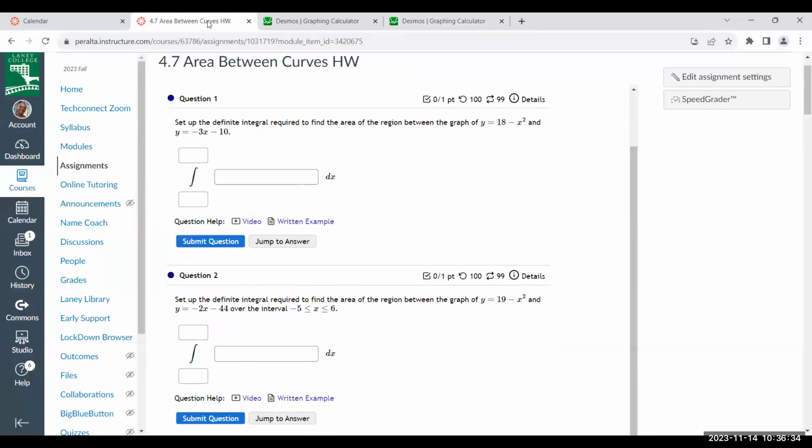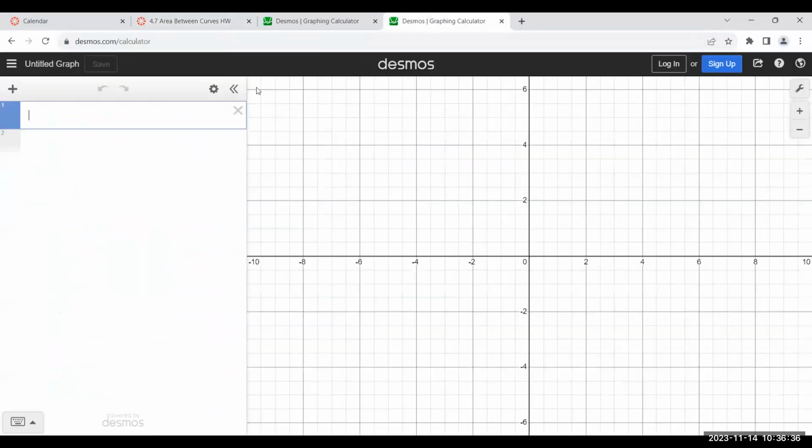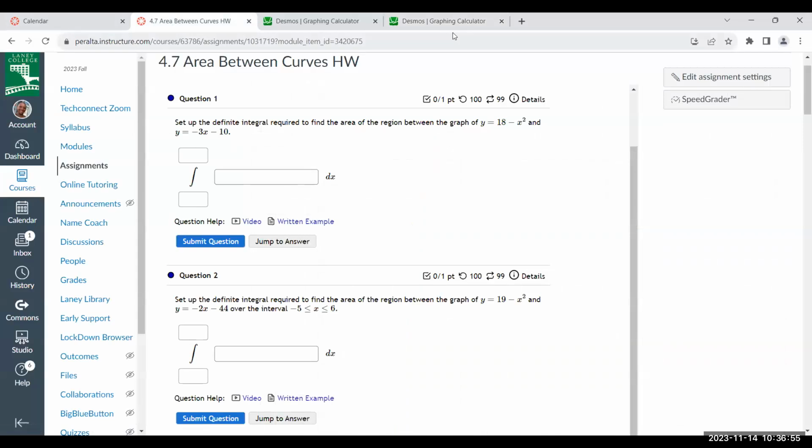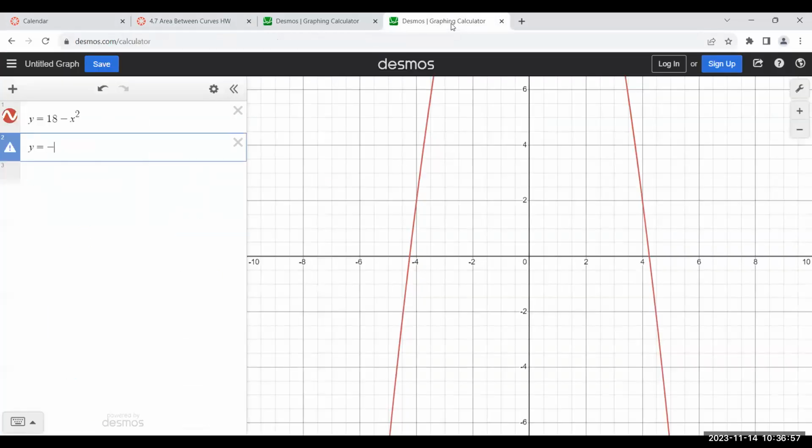And so I'm going to enter those two functions in Desmos. I'm going to write y equals 18 minus x squared, and y equals, what was the other function? Negative 3x minus 10.